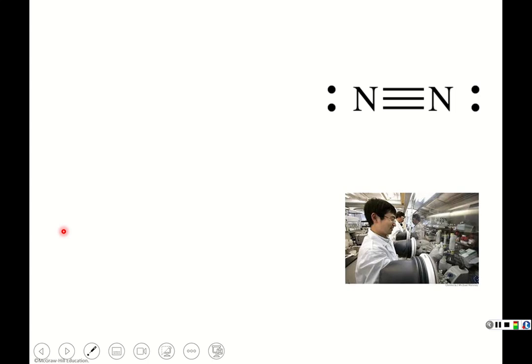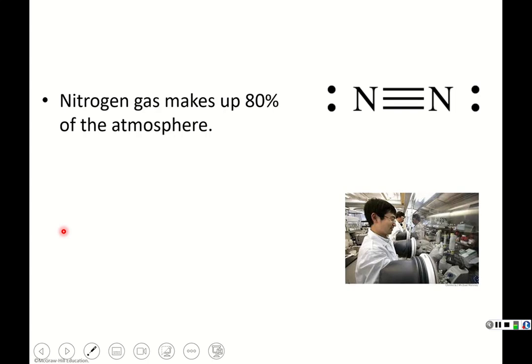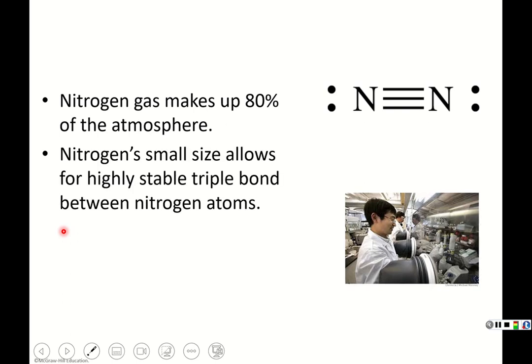Right, so if we look at nitrogen, N2 gas makes up about 80% of our atmosphere. So a vast majority of the atmosphere is this N2 gas. The small size of nitrogen allows it to form that triple bond. The nitrogens are small enough that they can get close enough to each other that the atomic p orbitals that are not hybridized can overlap to form pi bonds.